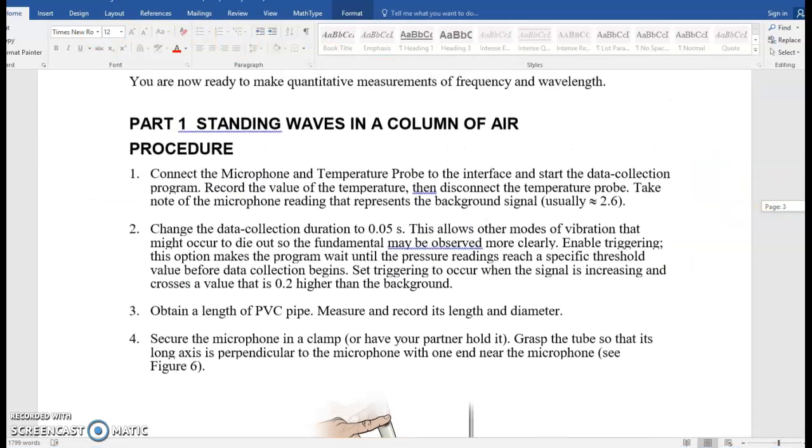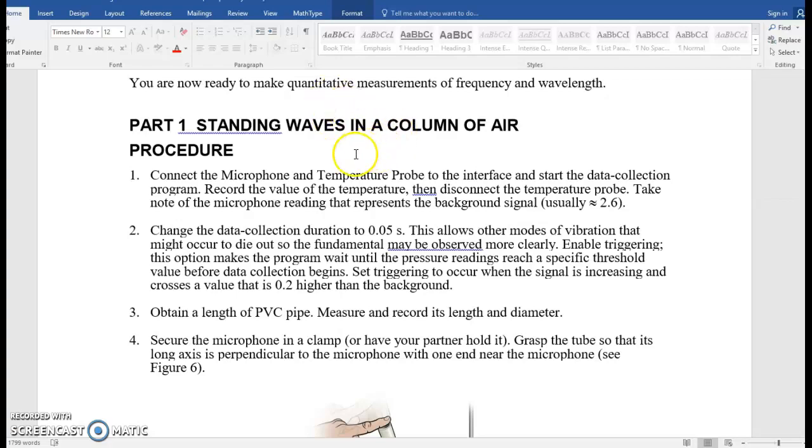All right, so our standing waves in a column of air procedure, what we're going to do is to measure the temperature, and that temperature probe on there, you could measure the temperature. Let's assume we're at 25 degrees Celsius. All right, we're going to set our data collection up.